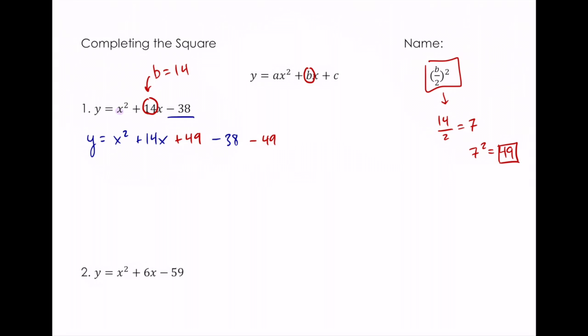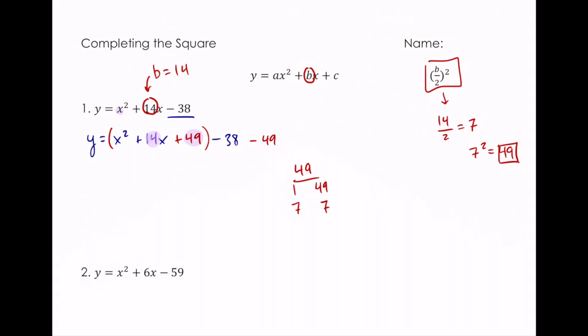Right, now that we have this, we want to go ahead and factor. So I'm going to make parentheses around those first 3 terms, starting at x squared and ending at the 49. And I want to factor this. So that means I'm going to take a look at the last number, 49. And I want to make a list of everything that multiplies to 49. So 1 times 49, 7 times 7.